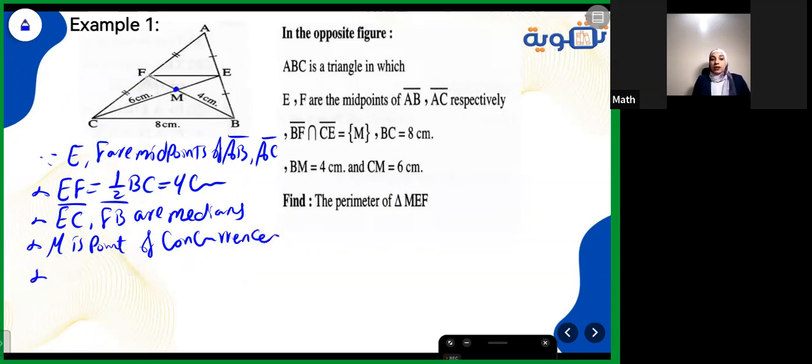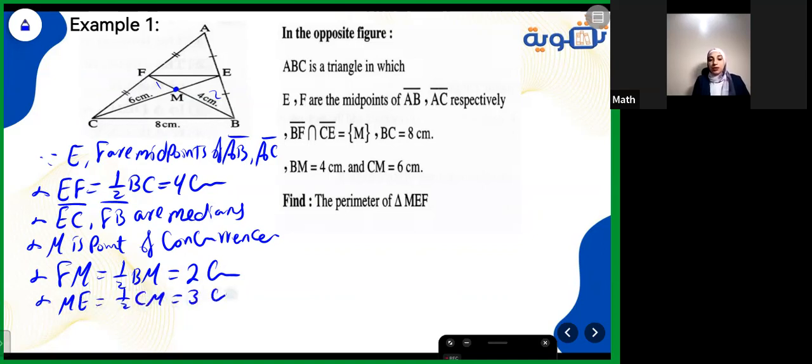Then directly here, I can say that FM equals half BM. Yes, because this is 1 and this should be 2, the double. So FM will be the half, which is 2 centimeters. And also ME will be half CM, which is 3 centimeters.